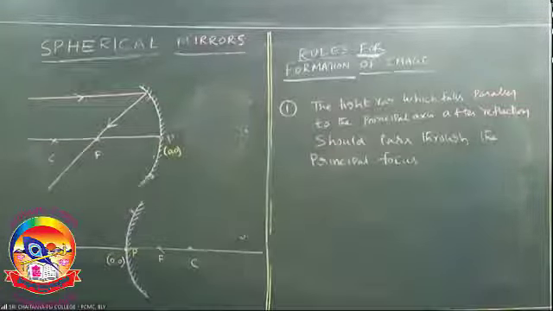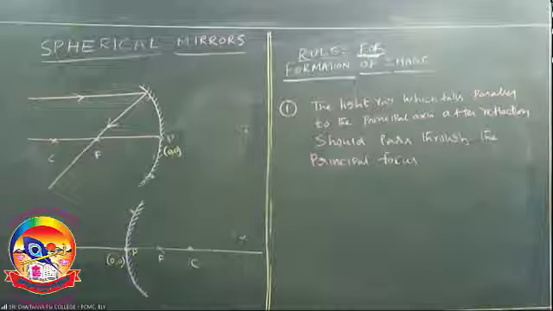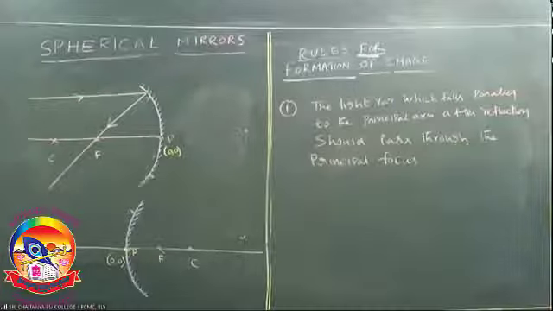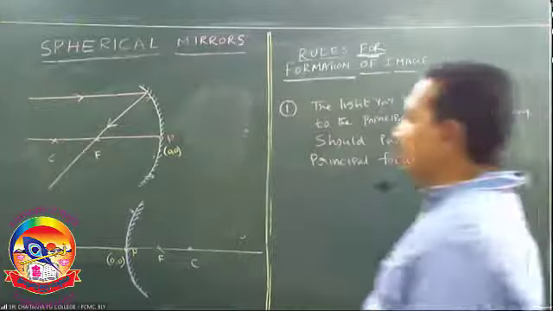Whatever we are writing is true for the paraxial rays. First rule: the light ray which falls parallel to the principal axis after reflection passes through the principal focus. This diagram.